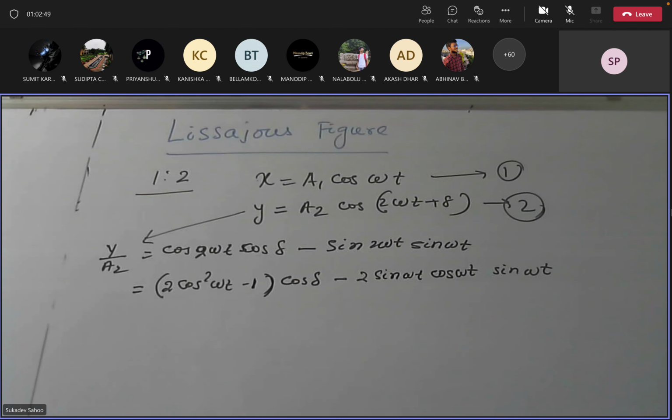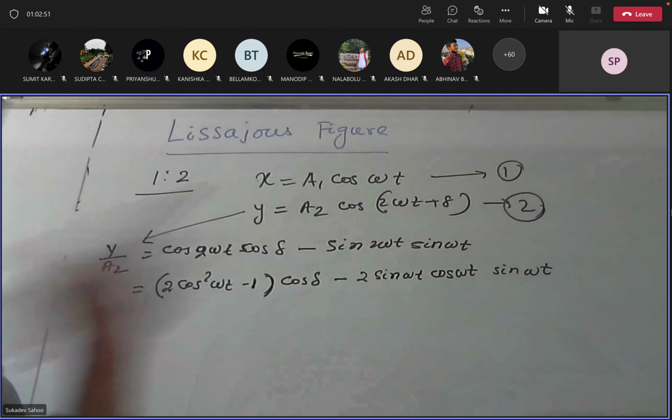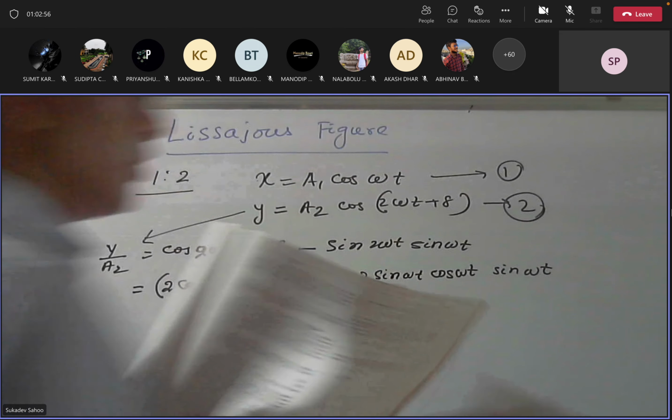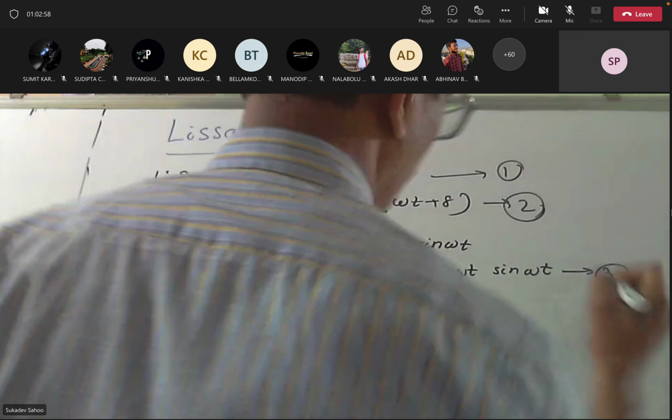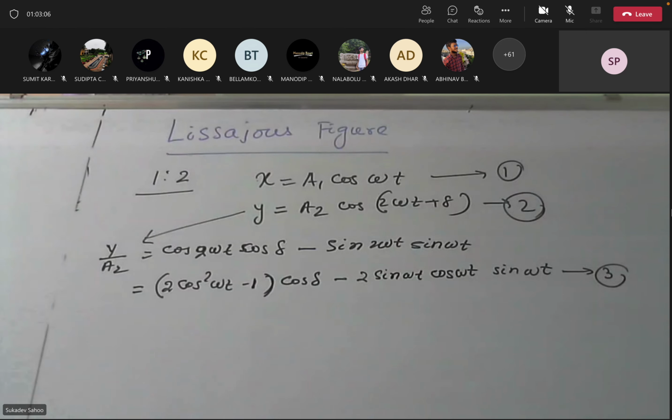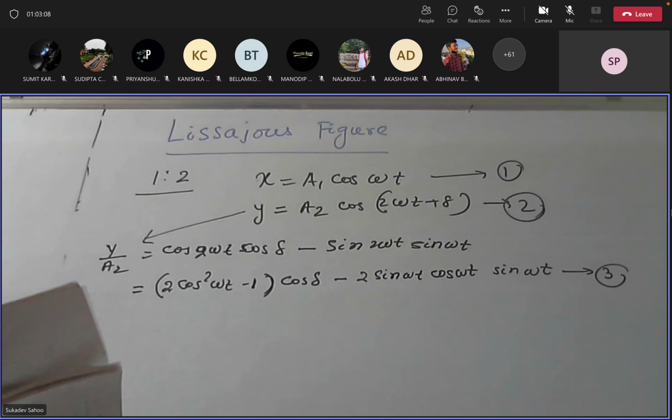So now substitute the value of sin omega t and cos omega t from equation number 1 in equation number 3.